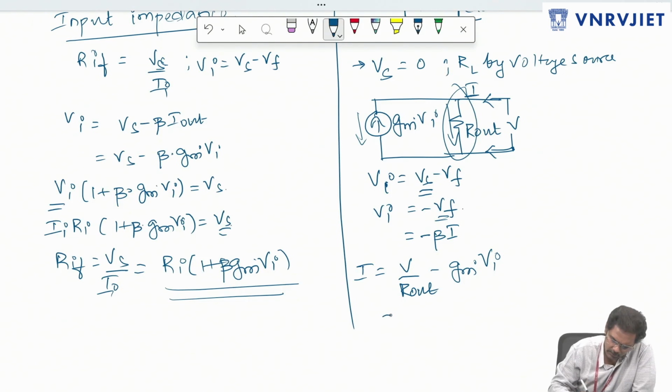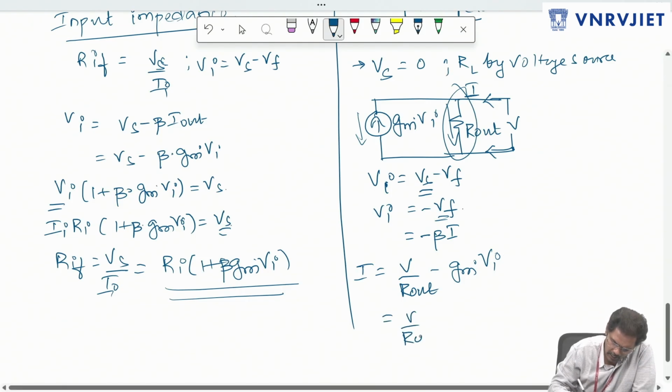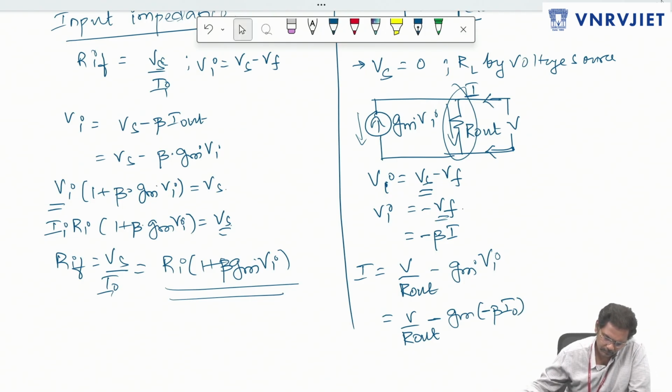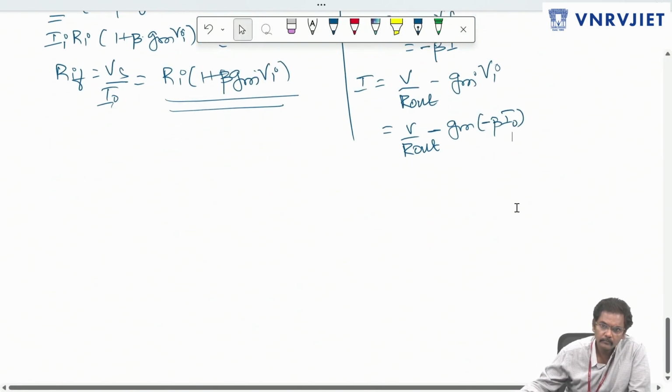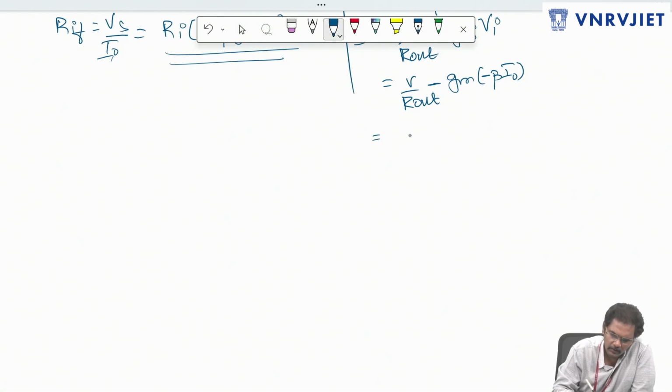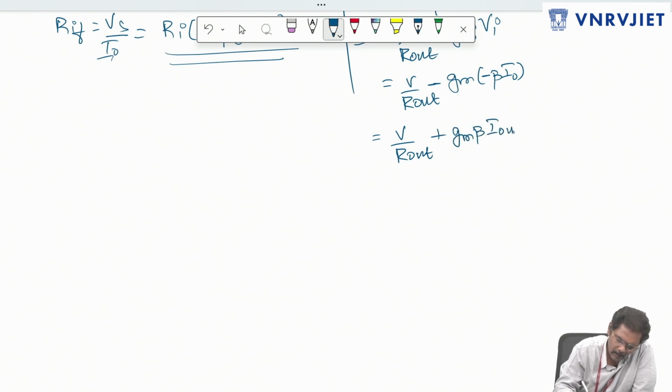Now what I'll do is write it as V by R out minus Gm. Instead of Vi, I'll write it as minus beta times I out. So now based on this, it's going to be V by R out plus Gm beta I out.